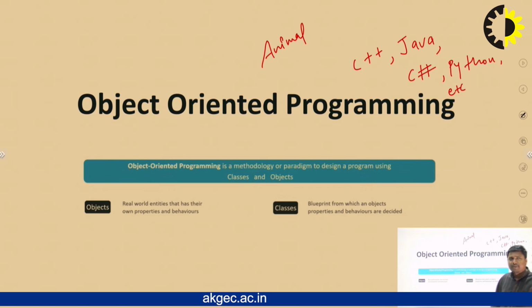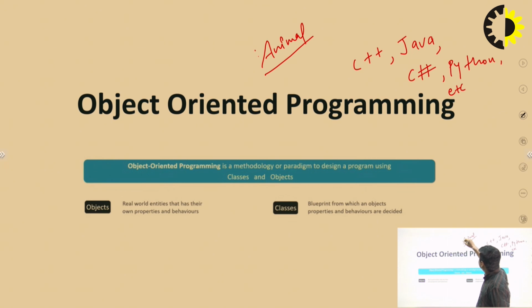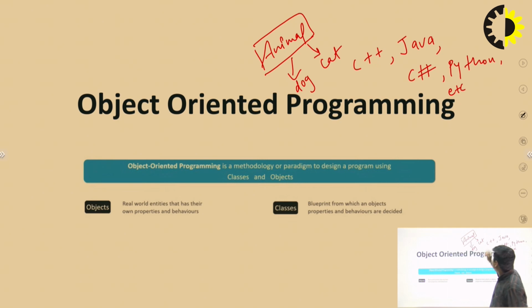Okay, and the next term is object. An object is a real world entity that has its own properties and behavior. Animal is a class, so for example, dog and cat are objects of this particular class, that is animal.